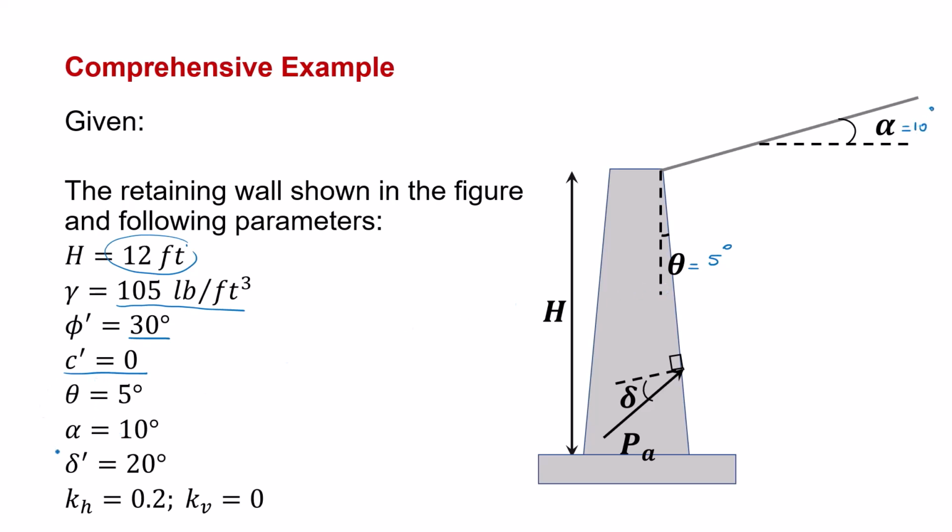The friction angle between the wall and soil on this interface is 2/3 of phi prime, or 20 degrees. We also have earthquake effect with KH of 0.2 and KV of 0.